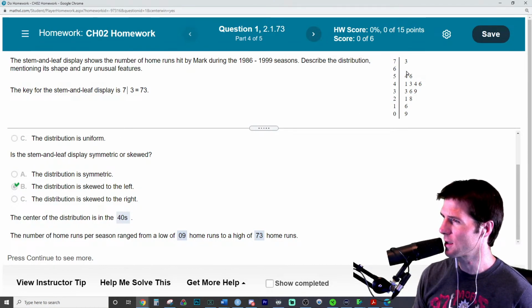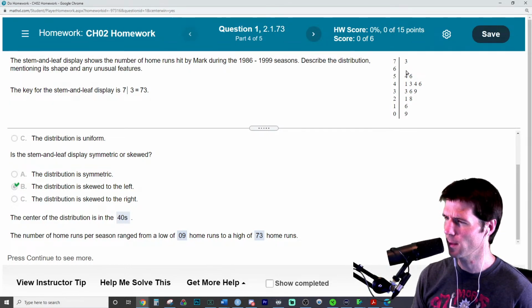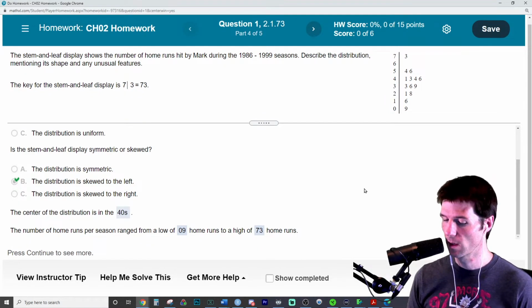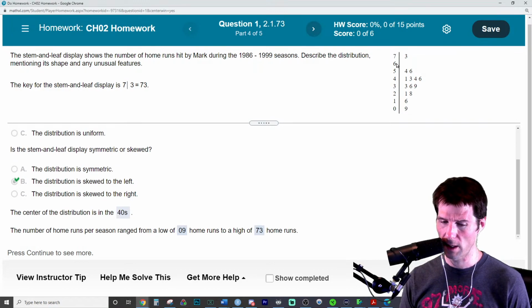What does it mean that the 60s is blank? Someone asked that last time. Thoughts on the 60s being blank right here? What does that mean? Well, I know he hit 54 home runs in a season, 56 home runs in a season. There were no seasons in which Mark McGwire did what? So the 60s are blank.